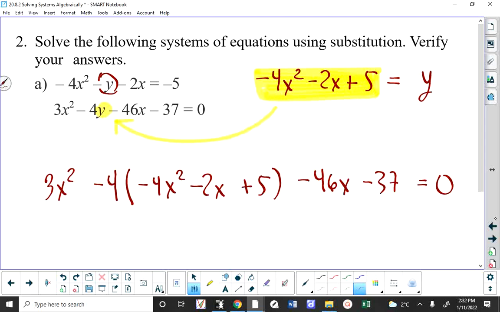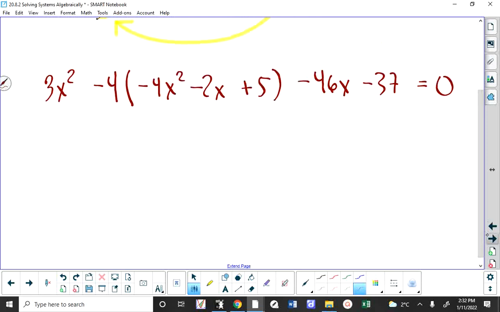Let's double check that line. Y is equal to negative 4x squared minus 2x plus 5 is correct. I put it in for y in the second equation. It looks okay. So now we have to simplify this. We're going to multiply that 4 through.